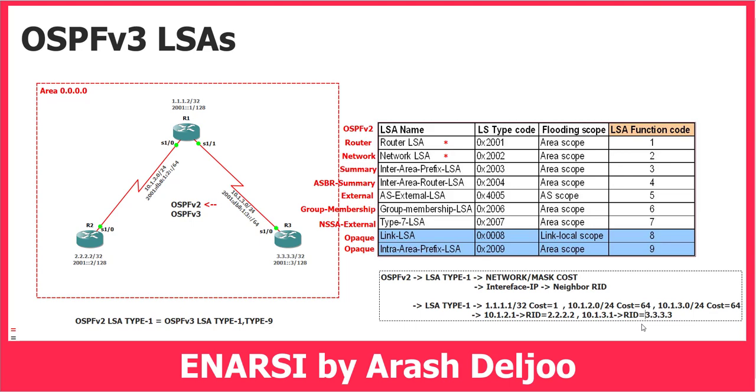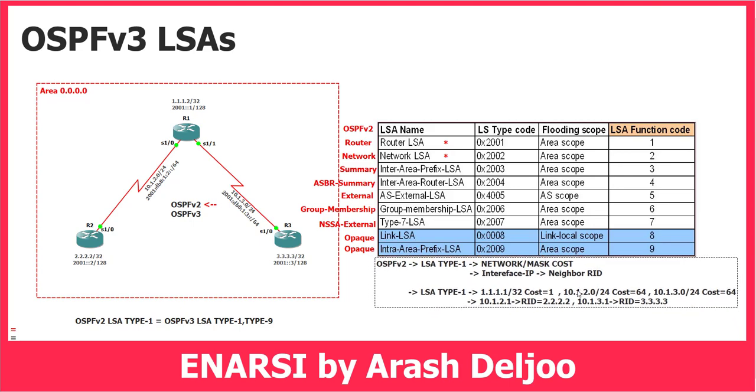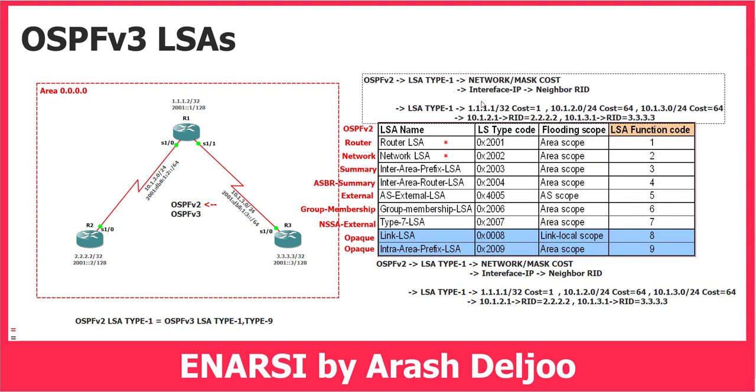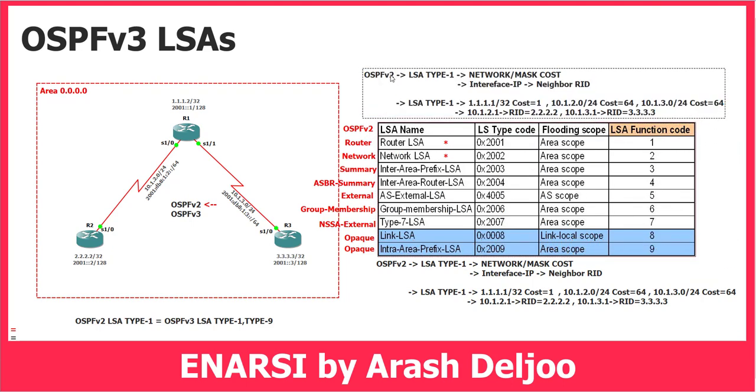In the LSA type 1 of OSPF version 3, let me show you. I will show you the detail later; here we are only reviewing the general concept. As you can see, in the LSA type 1 of OSPF version 3, we don't have information about the networks that this router is connected to. This information goes to LSA type 9.